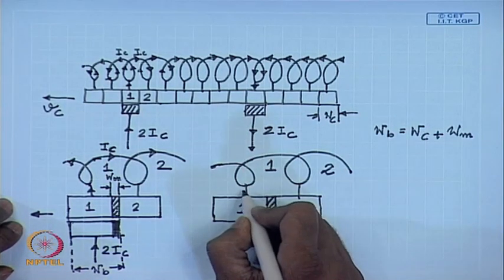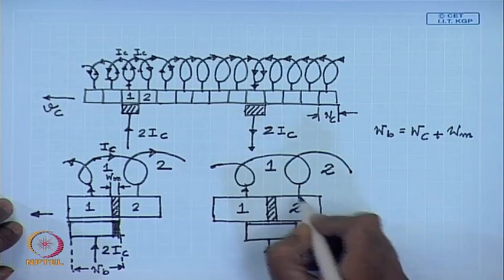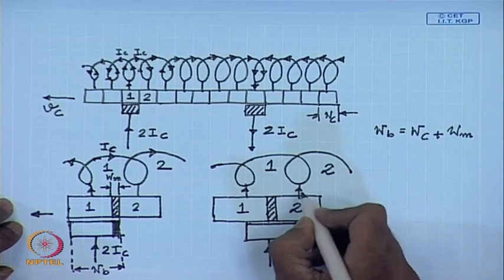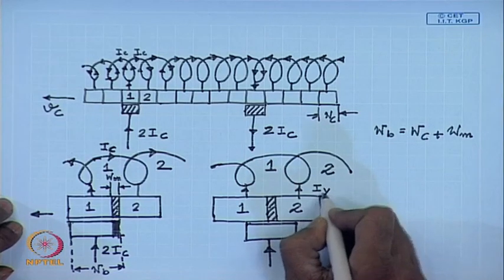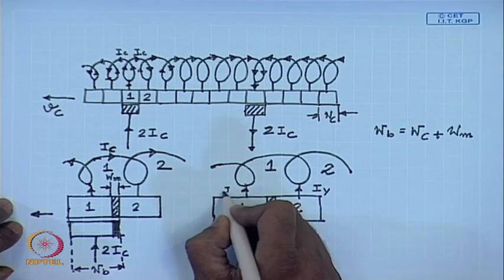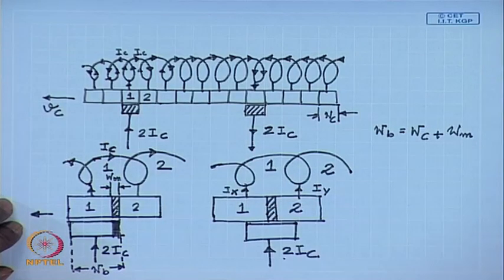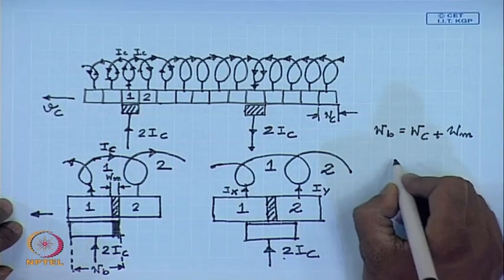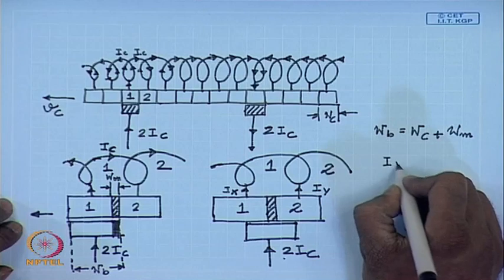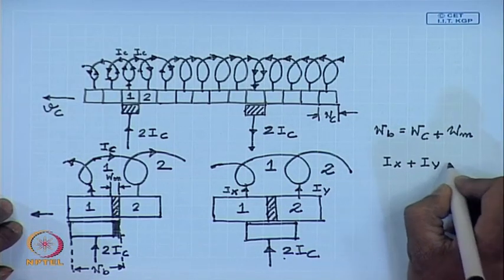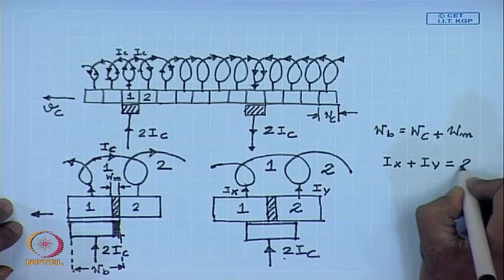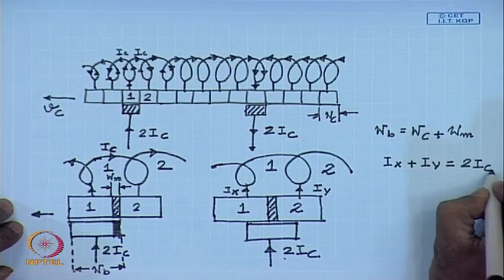This 2 IC divides into this 2 by, let us say, I y and I x. So, we have I x plus I y equal to 2 I c.